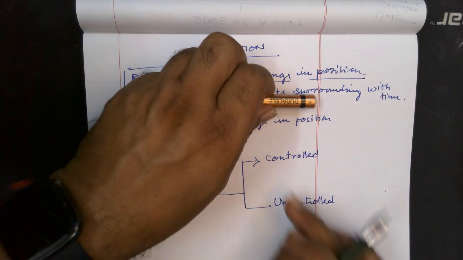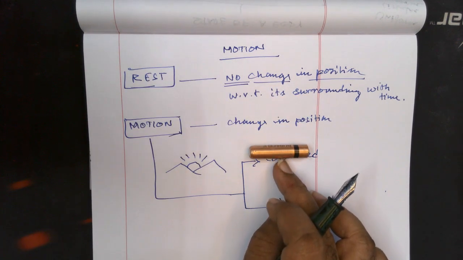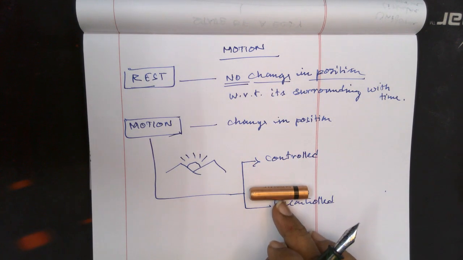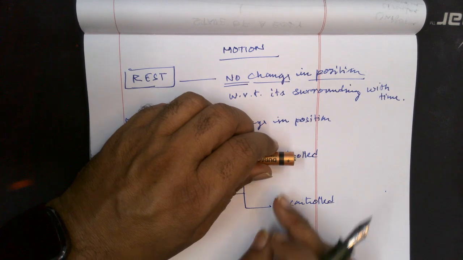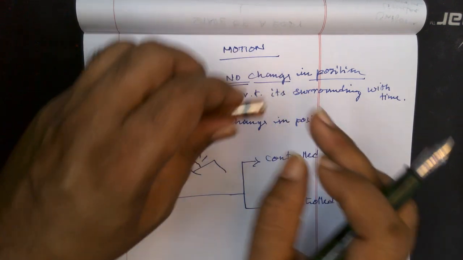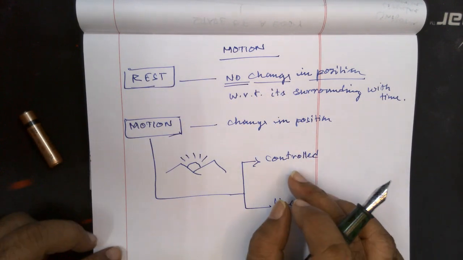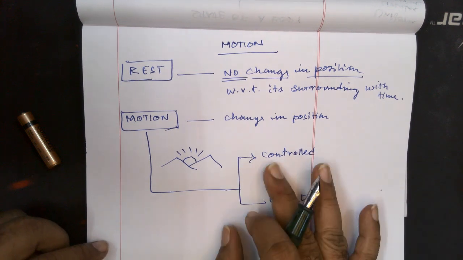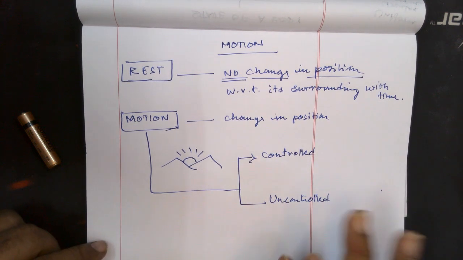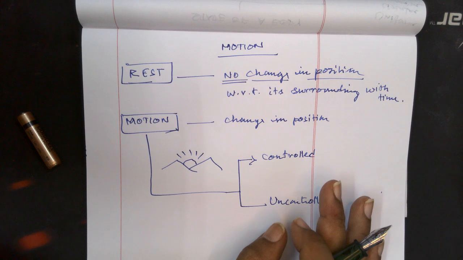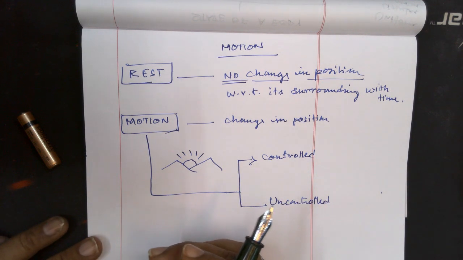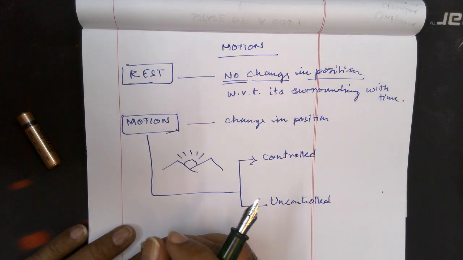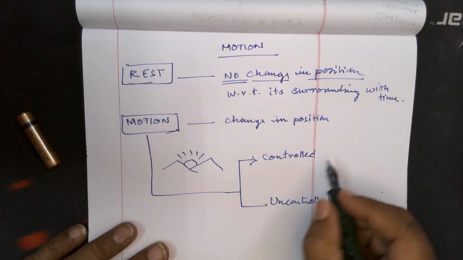So when I control like this, okay, this is called controlled motion because I am using some external force. Is it not? I can either stop or increase the speed. So this is called controlled motion, and the other one is uncontrolled motion. So controlled motion takes place at a particular speed.